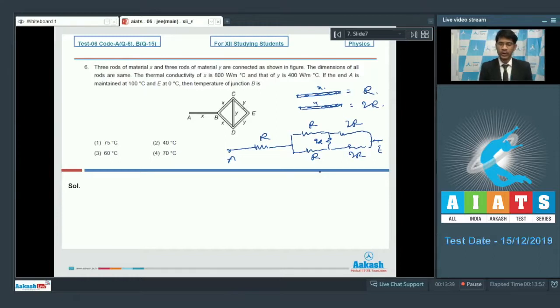So looking onto the system here, definitely I would say there would not be any flow of thermal energy across this wire. That means across this wire segment will not have any thermal energy that will be crossing across here.